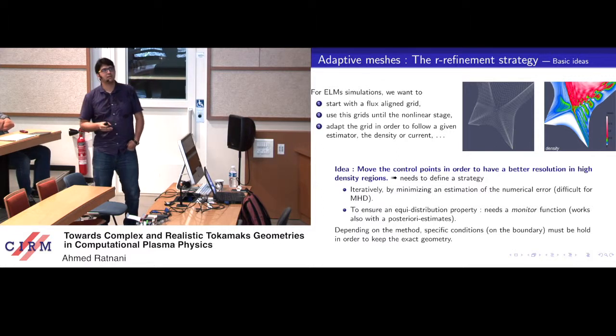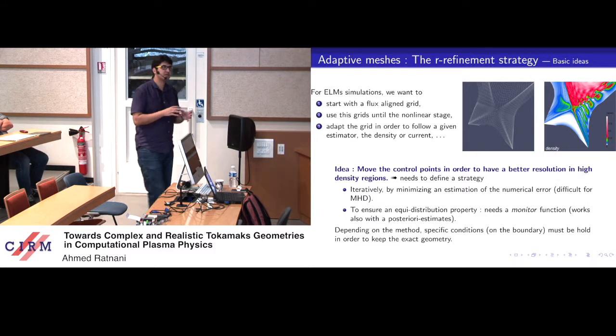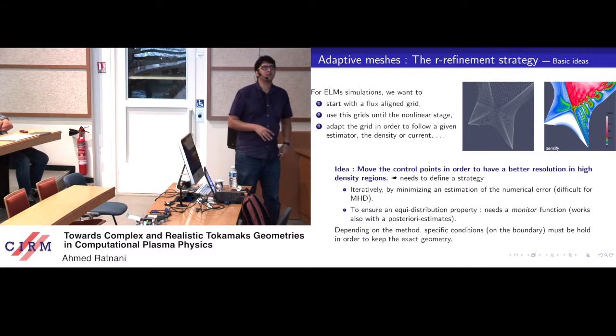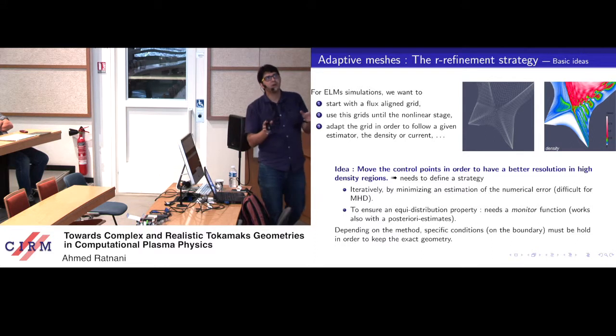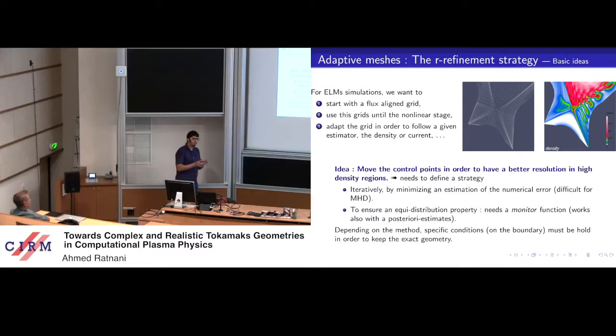So is there any possibility to create such mappings that will adapt the shape and the size of the mesh depending on a given function? This is what we call a monitor function. And the idea behind that is really to use this structure and these properties of the control points.